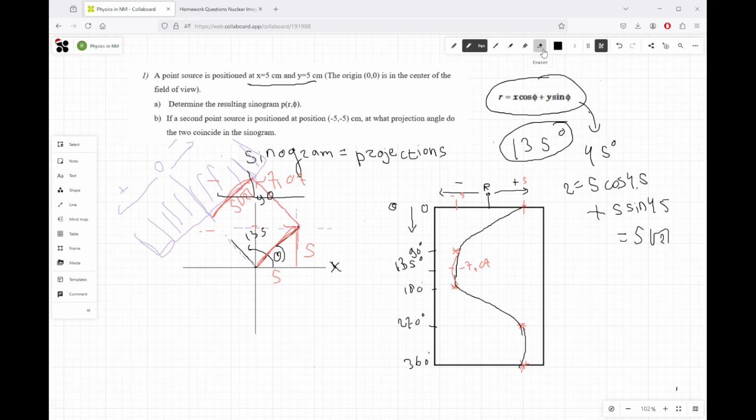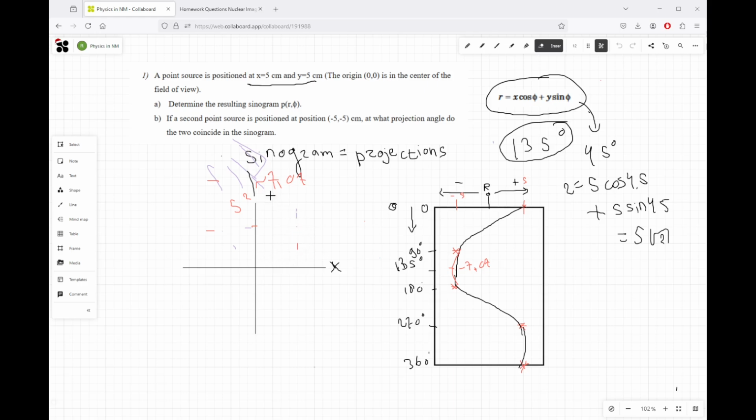Let me erase all of this again. Alright, let's see. Or wait, let me show the 135 degree angle.